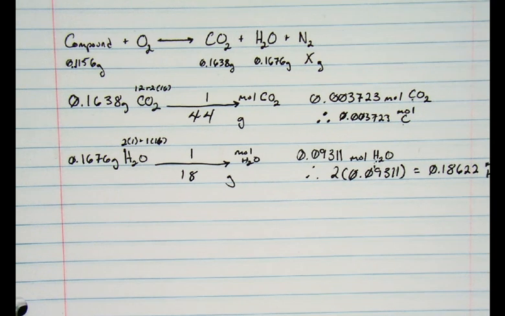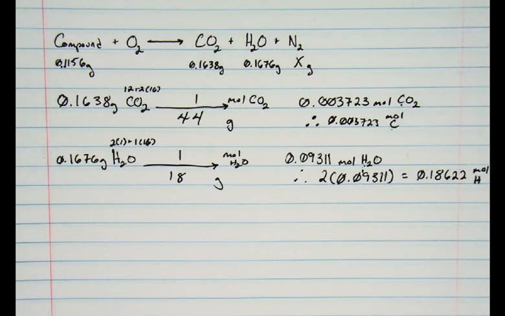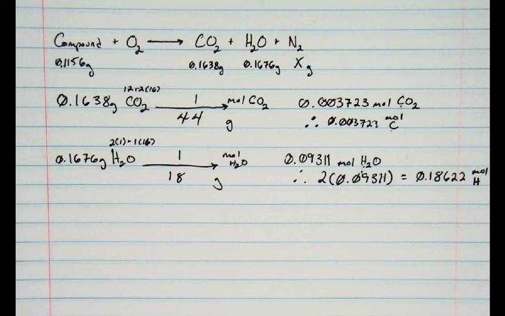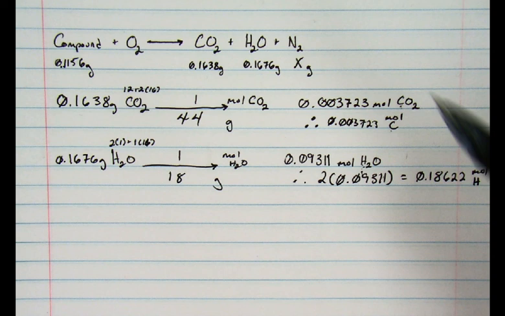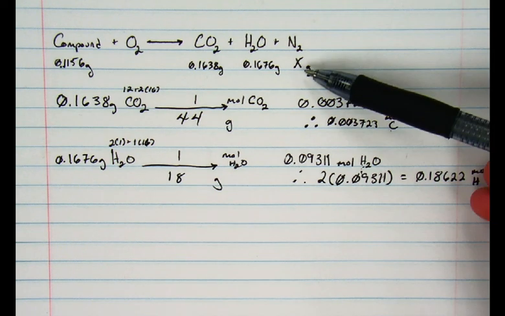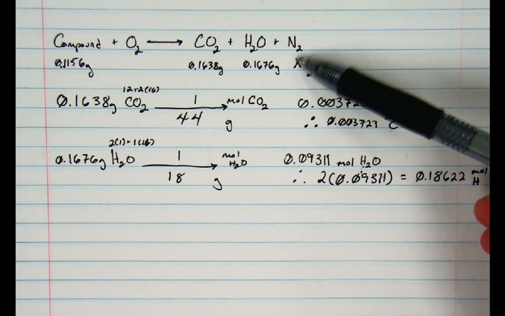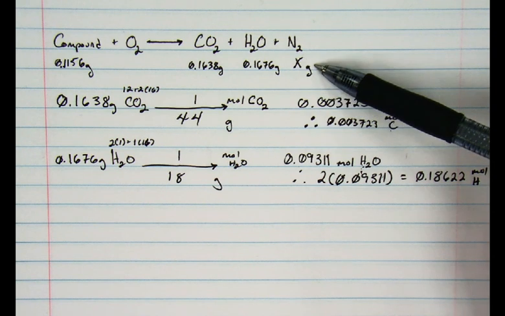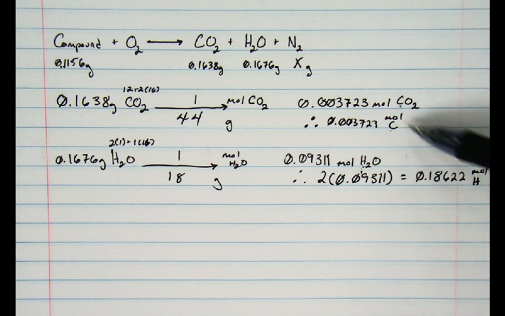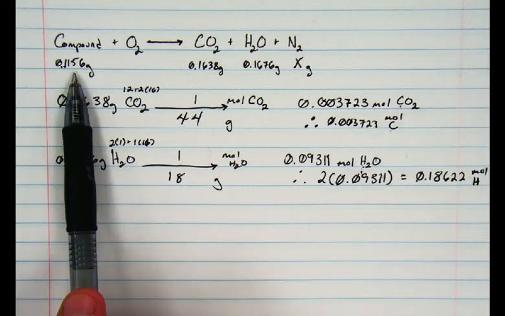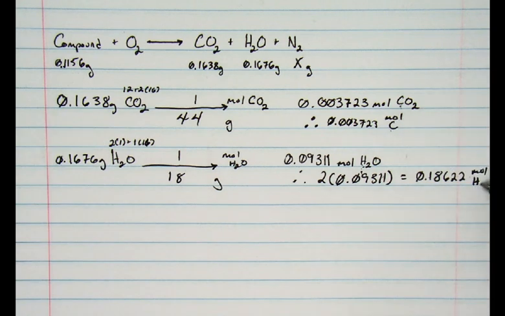So we determine that we have 0.18622 moles of hydrogen. Now we can look at this nitrogen and look at how much nitrogen was actually produced. We need to figure out how much of the mass of this compound was contributed by these carbons and hydrogens.